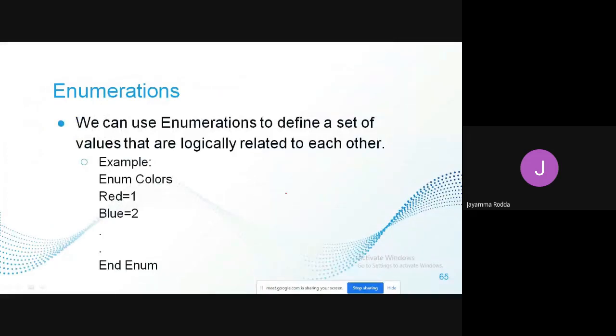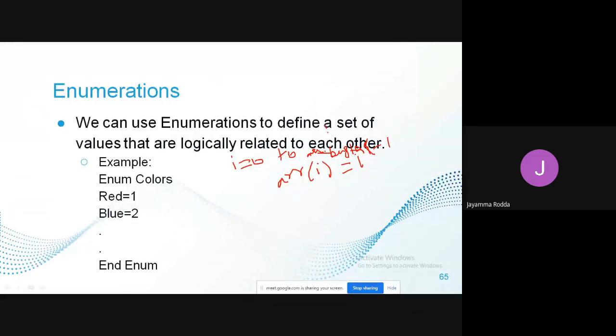So array of I is equal to I. Initially I is from 0 to array dot length minus 1. This is what we are having.